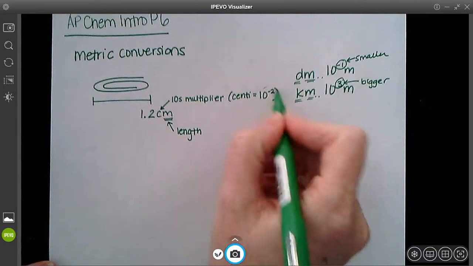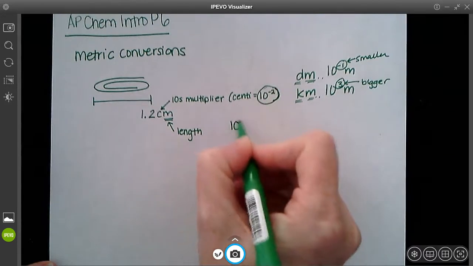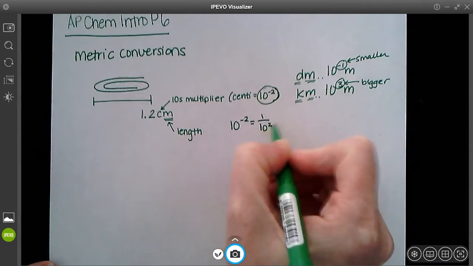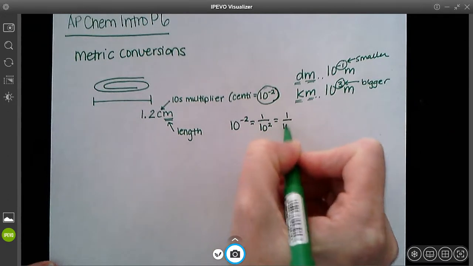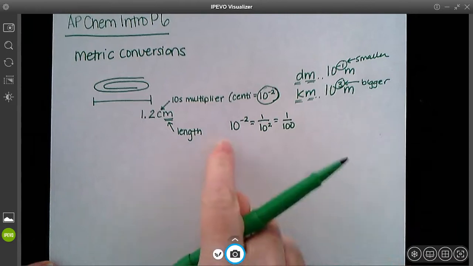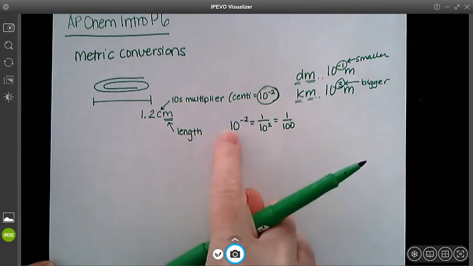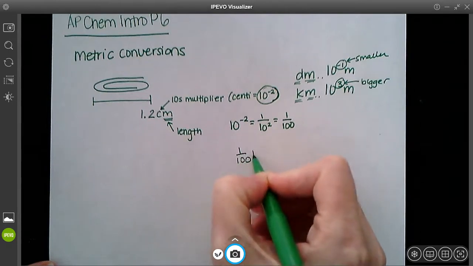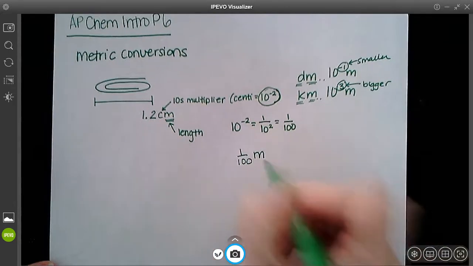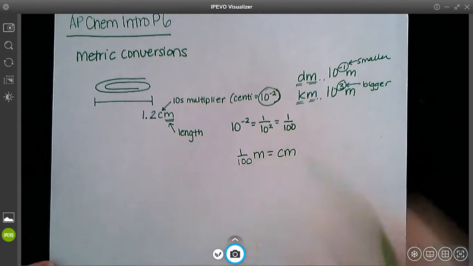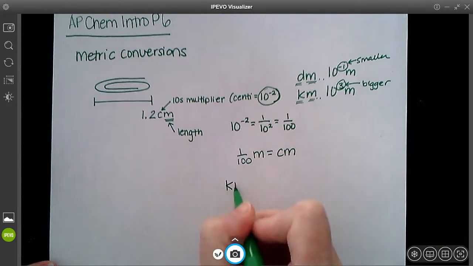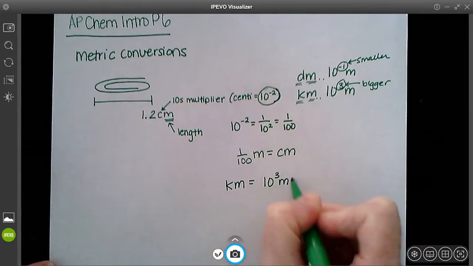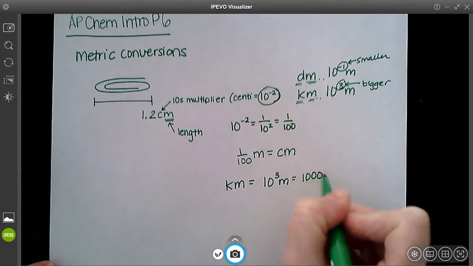Think of 10 to the negative 2 as 1 over 10 to the second, which is 1 over 100. So a centimeter is 1/100th of a meter. If I said kilometer, that's like saying 10 to the third meters, or 1,000 meters.